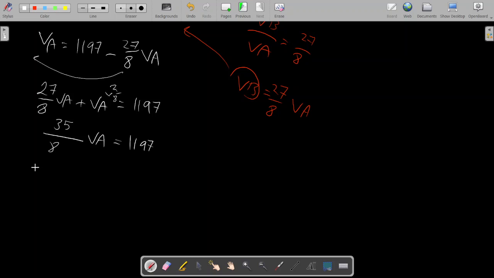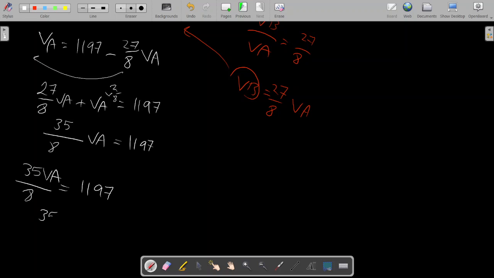So the equation is like this: 35 VA over 8 is going to be equal to 1197. I'm going to multiply both sides by 8.